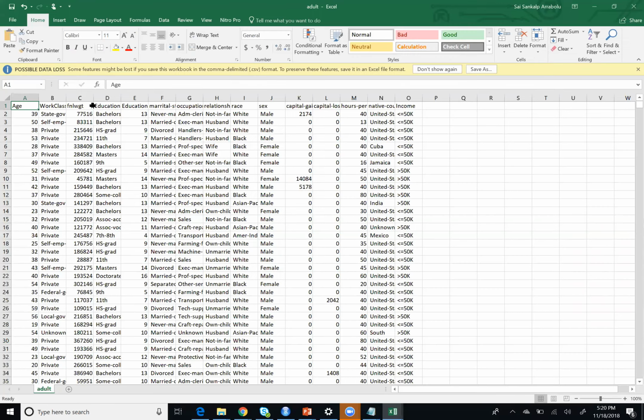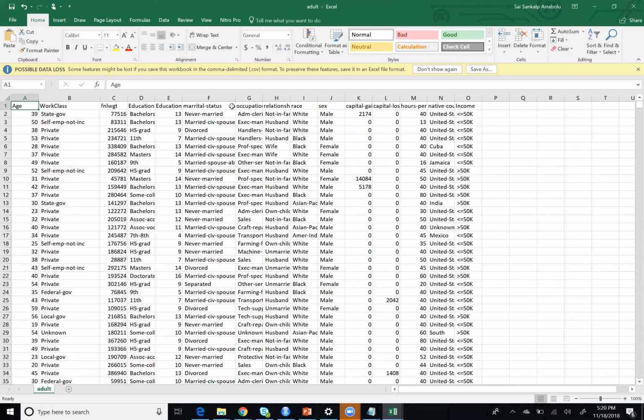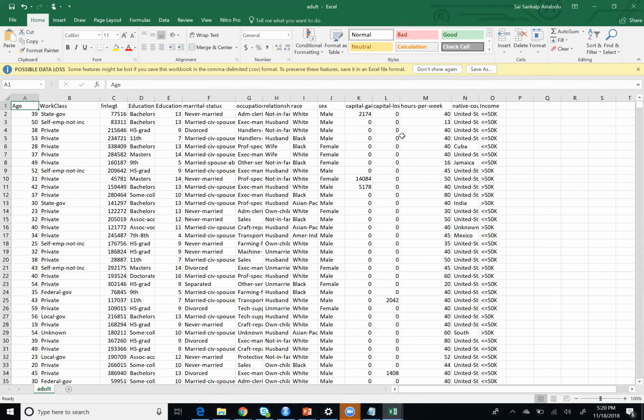Let me open that. This is the data set for, I think, New Jersey, or I don't know which area. It shows the age of the person, their qualification, whether they're married or not, their relationship status, what race they belong to, how much they earn, and which country they belong to, the country of origin and so on.